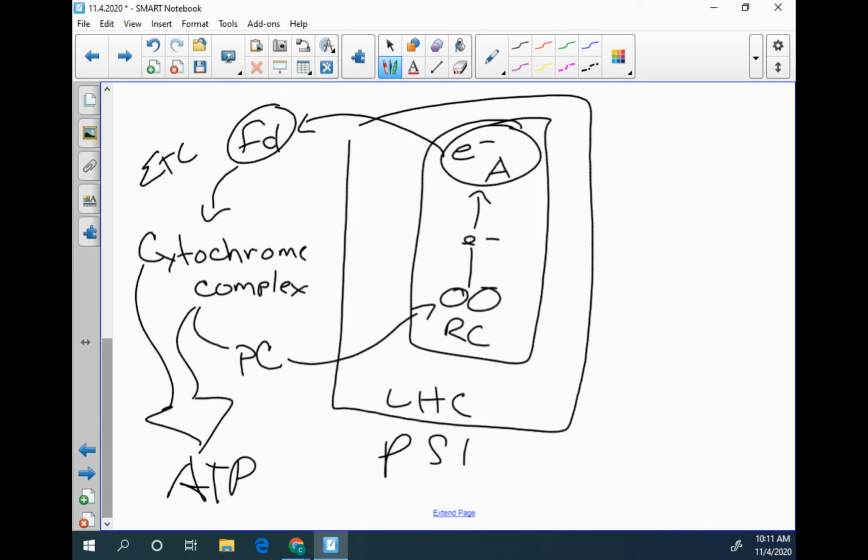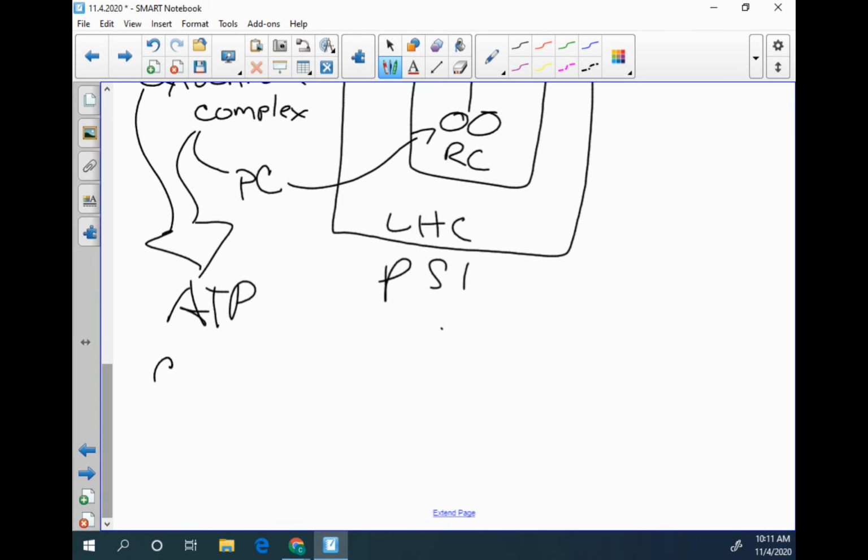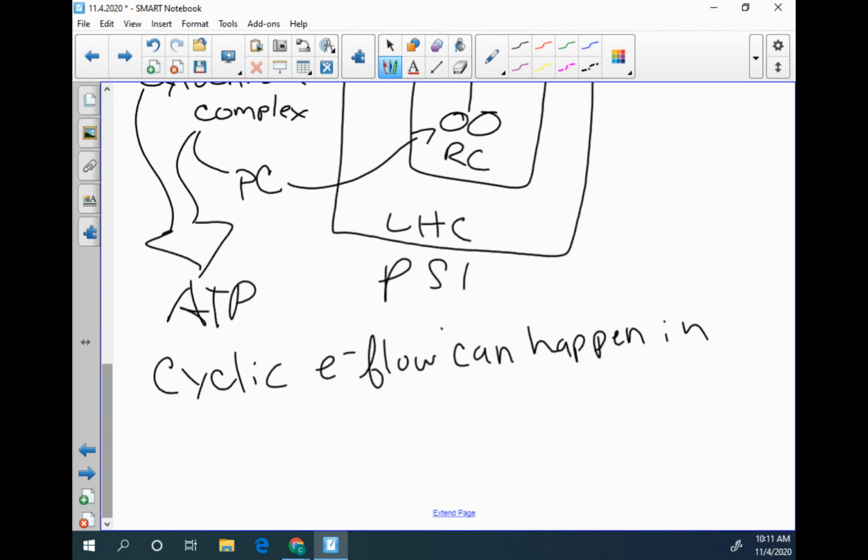But here's the thing: cyclic flow can happen in organisms with both photosystems.